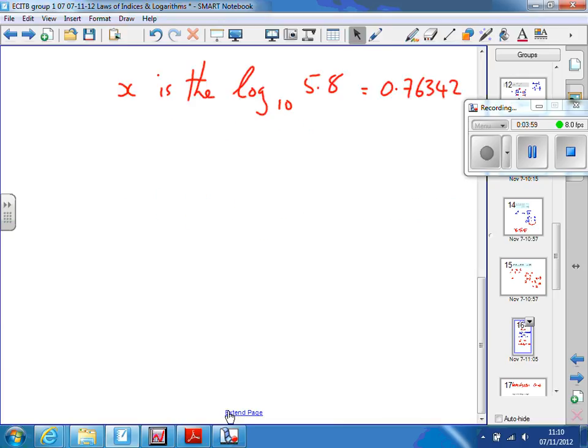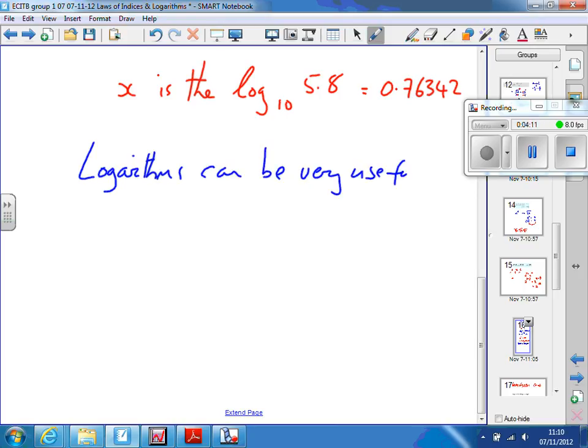Now, logarithms can be very useful to explore power functions, as we'll see.